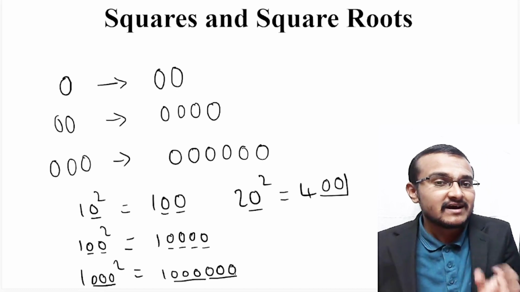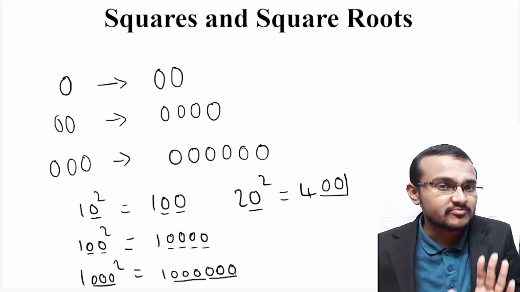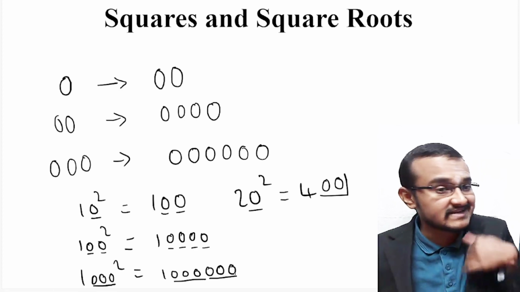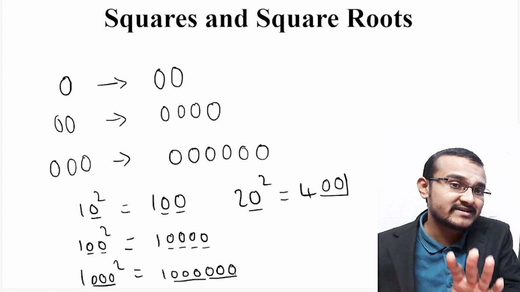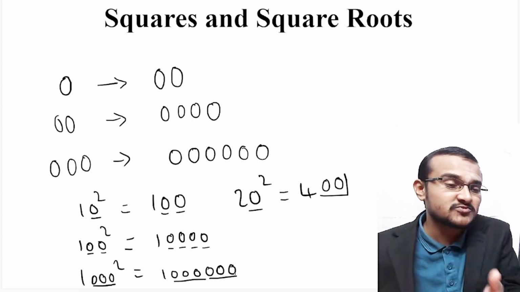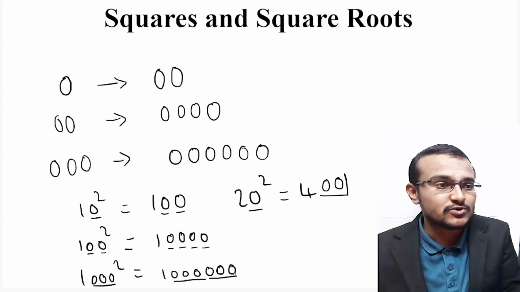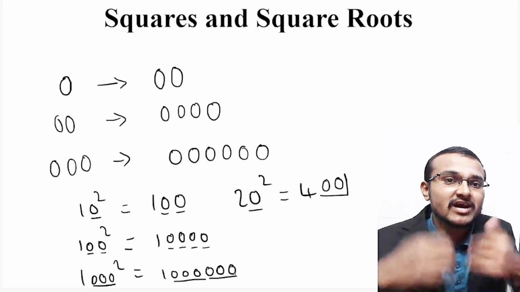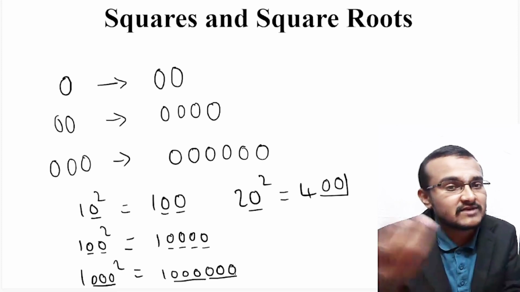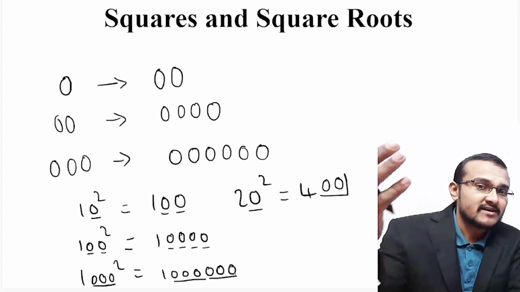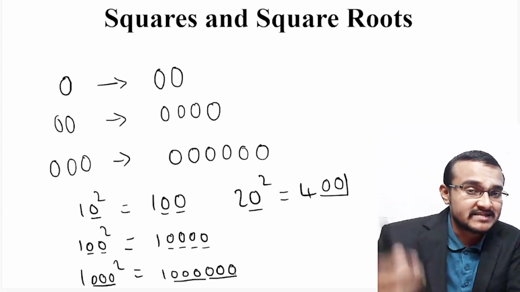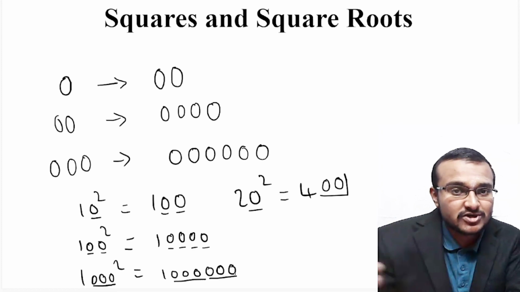So if any number of zeros are there in a particular number, and you take the square of that number, then the square will contain twice the zeros which were there in that number. So 10 has only 1 zero. The square of 10, that is 100, will have 2 zeros. 100 has 2 zeros. The square of 100 will have 4 zeros, that is 10,000. Similarly, it goes on like this.